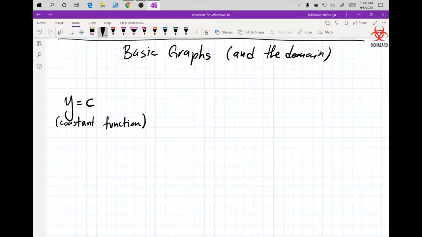So a constant function is, let's say, y equals 3. So you will just have a straight line at 3. You can see it's a horizontal line, right? It's constant. It doesn't change the y value. That's why it's called a constant function. It's always 3.